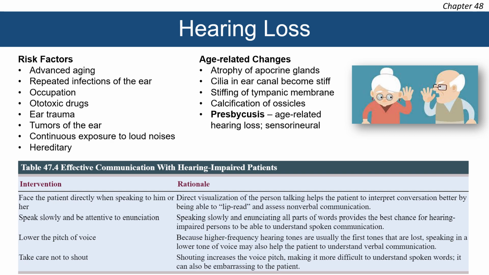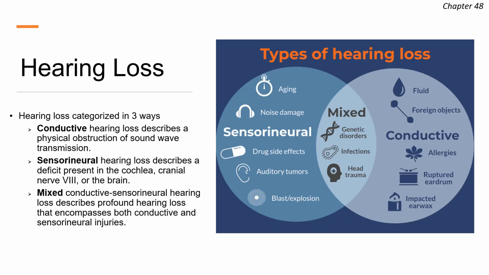We have three types of hearing loss. We categorize them into conductive, sensorineural, and mixed. So conductive hearing loss refers to some type of obstruction of the sound transmission. So there's something in the external ear, in the ear canal, that is blocking the sound to the rest of the ear.